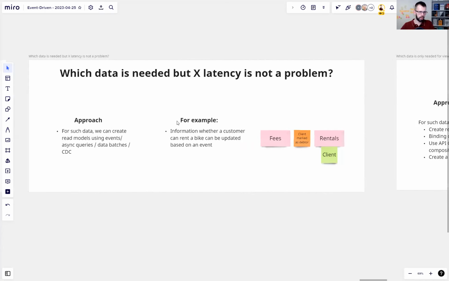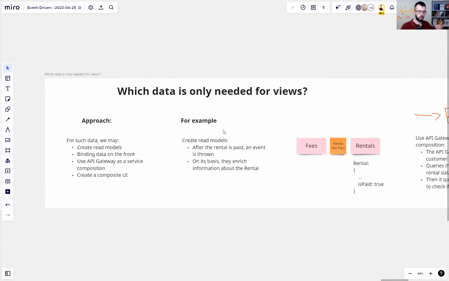But if we have some business logic, or some UI needs, we can approach it differently, and we don't need to couple the modules so much.